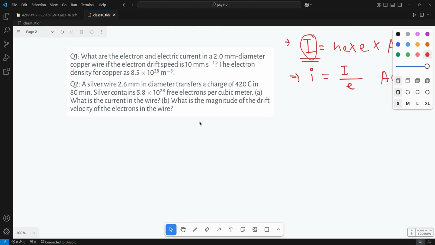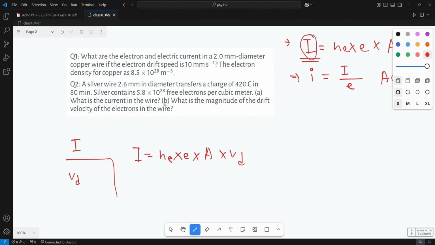Alright, so the question asks for the current in the wire in A, and in B it asks for the drift velocity. To begin with, we know that I is equal to the number of electrons per cubic meter times the charge of electron times the area of cross section times the drift velocity, right?